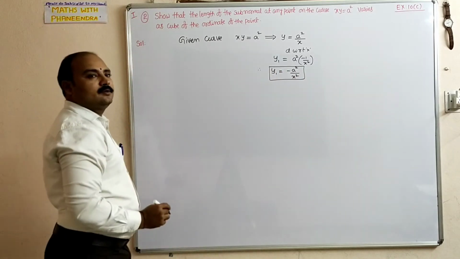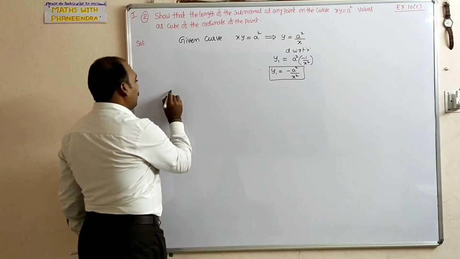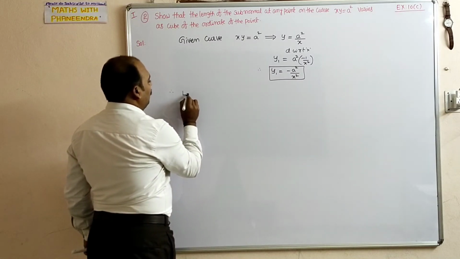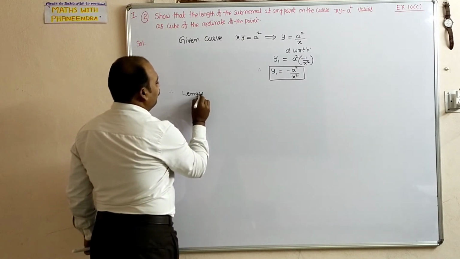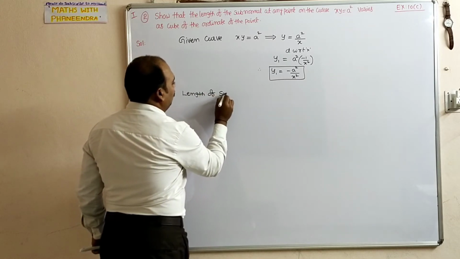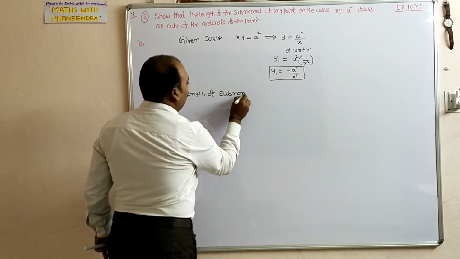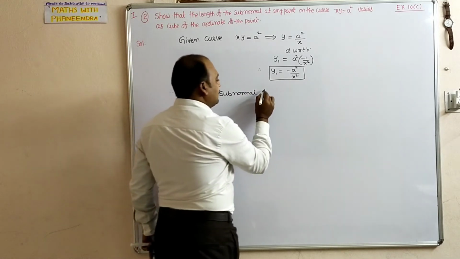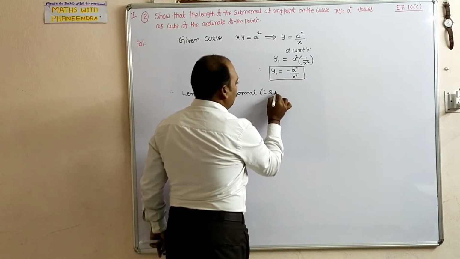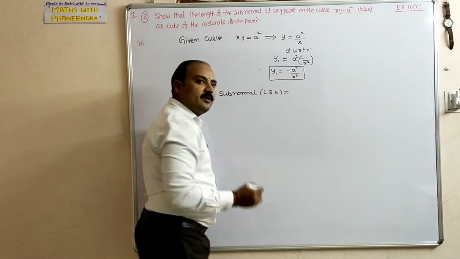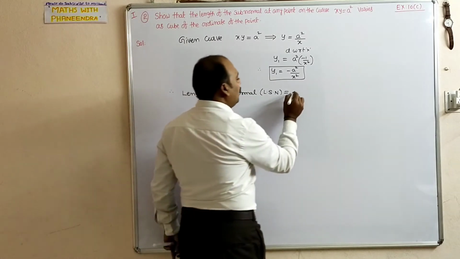After that, the length of subnormal, LSN, is equal to, what is the formula for length of subnormal?